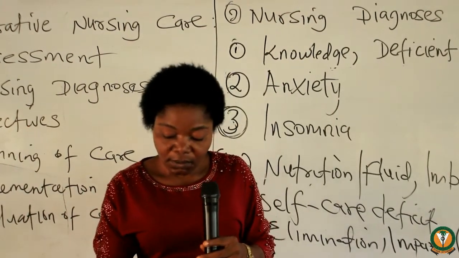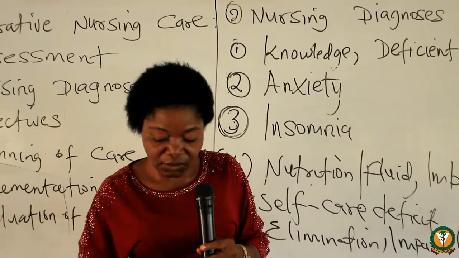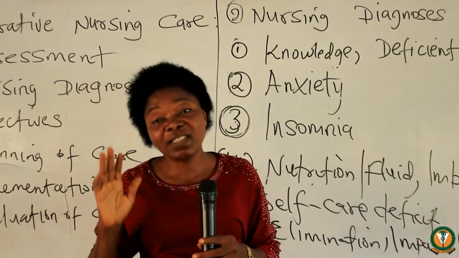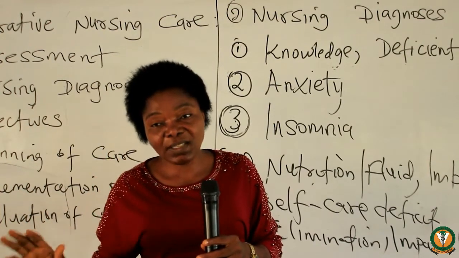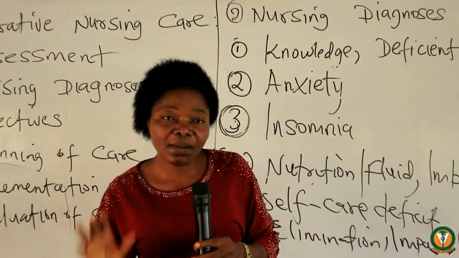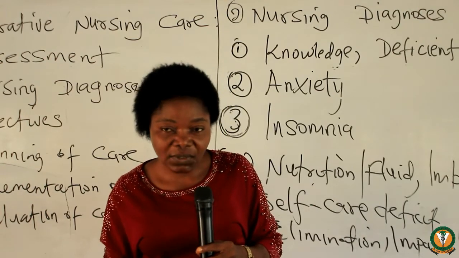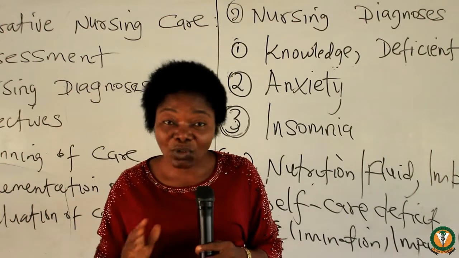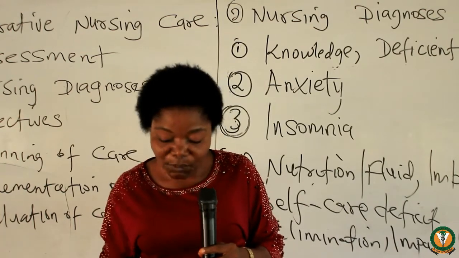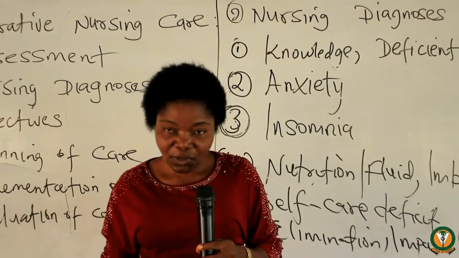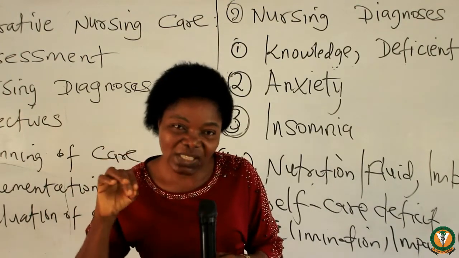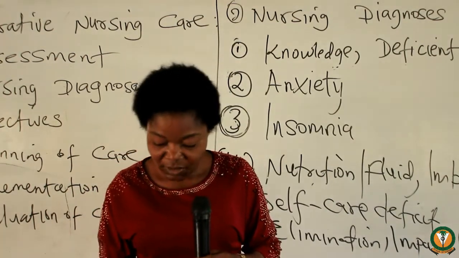In solving this knowledge deficiency of the patient, you have to explain to the patient the phases of operative nursing care. Explain the pre-operative care, what is involved, the intra-operative care, what the patient is to see in the theater, what to expect, then explain the post-operative expectations so that patient will have knowledge of every bit of what he or she is going to pass through.